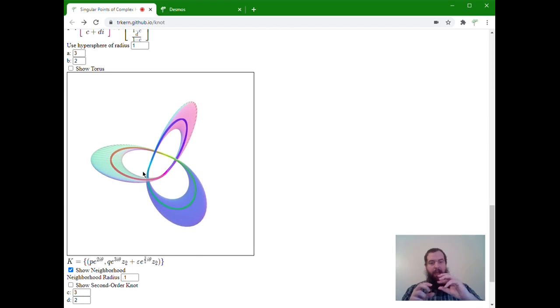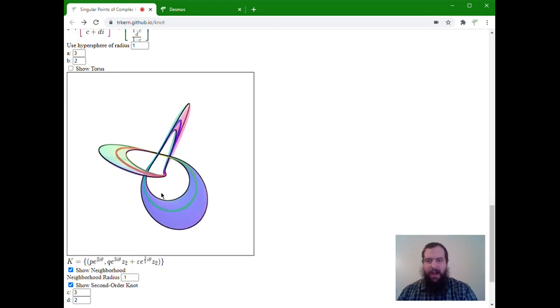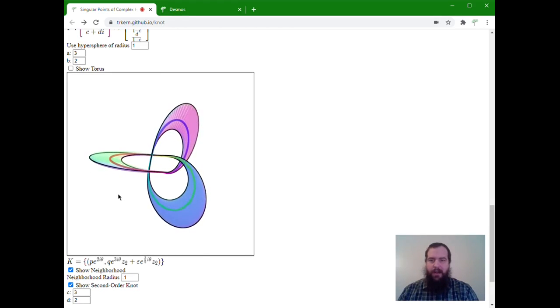Let's draw a knot that spirals around within this neighborhood around the torus knot. So it's a little bit hard to see, but this black knot here, every time we spiral twice around the torus knot itself, is going to spiral 3 times around in this circular neighborhood.